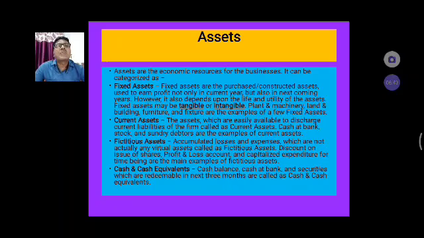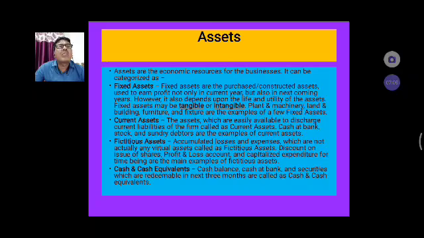Then assets. In the balance sheet, there are two sides: liability and asset. Assets are the economic resources of the business. They can be categorized as fixed assets. Fixed assets are purchased or constructed assets used to earn profit not only in the current year but also in the coming years.